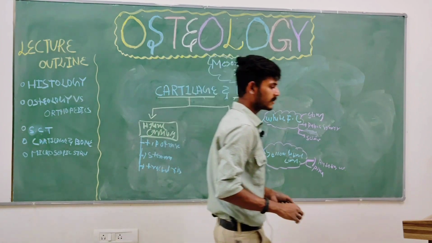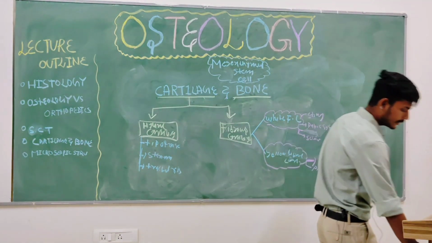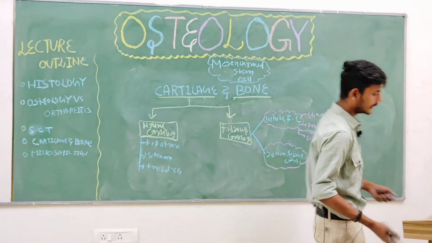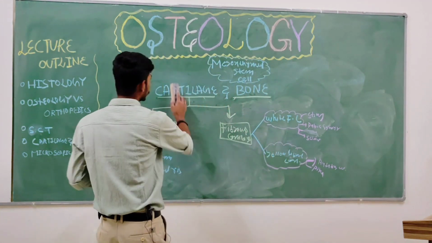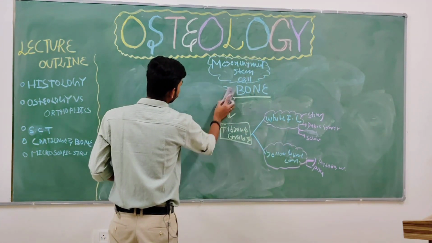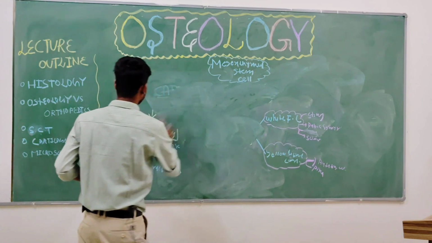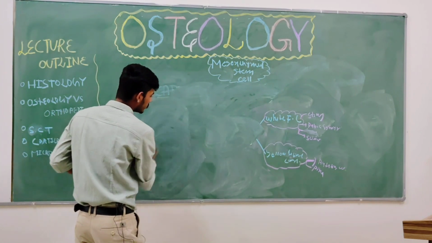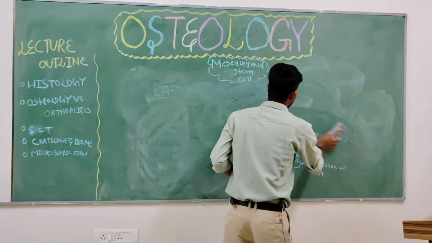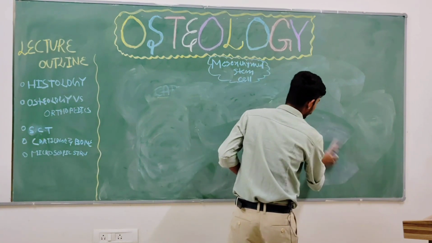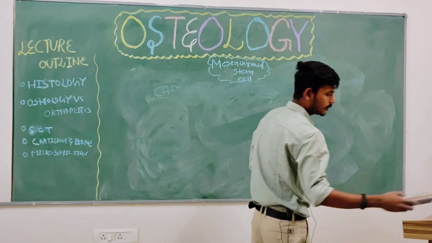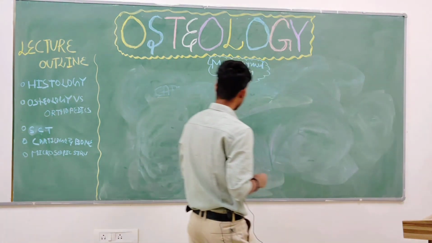Now let's move ahead and define the bone in detail. Bone, as you know, is hard. So bone is one of the hardest tissues.